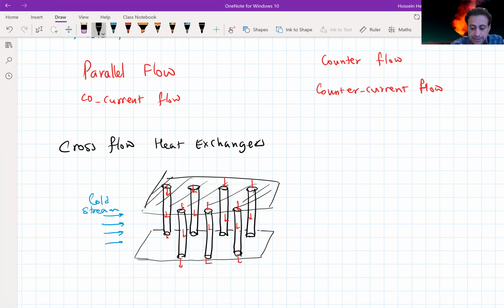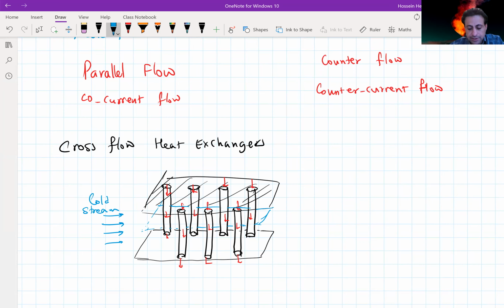Now, in this system, we can enhance the exchange of heat by having a fin system. So we can have these metal surfaces connecting this heat exchanger together.